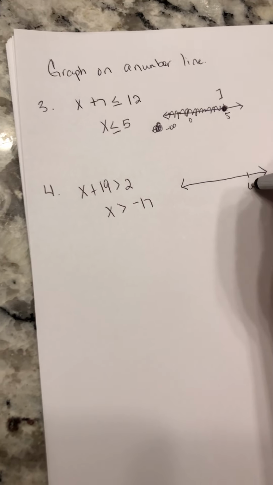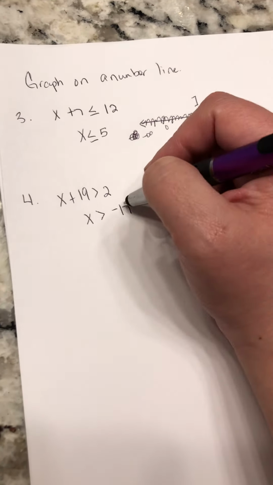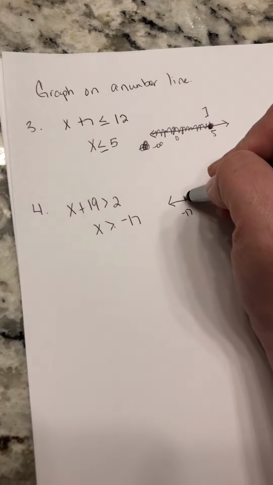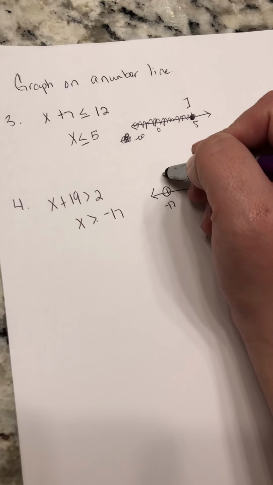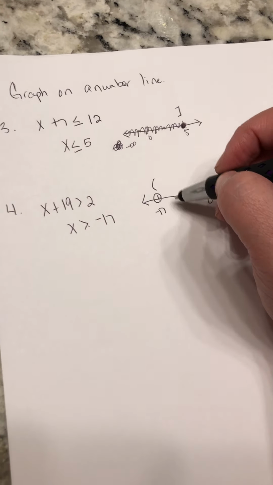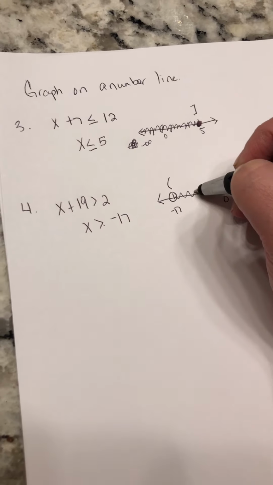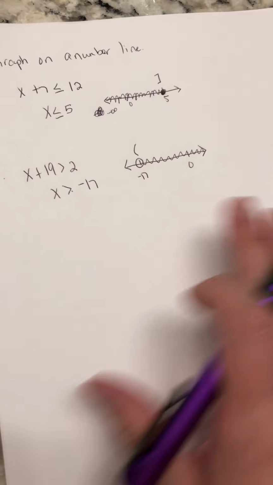So we'll say here's 0, here's negative 17. And so again, if you use circles, then it would be open because the inequality is strict. If you use brackets and parentheses, you would do parentheses since it's strict. And then it's greater than, so anything greater than negative 17 works. So you'd shade to the right.